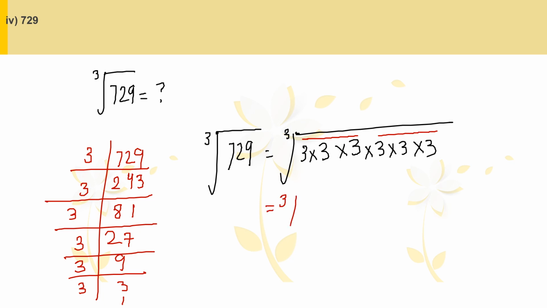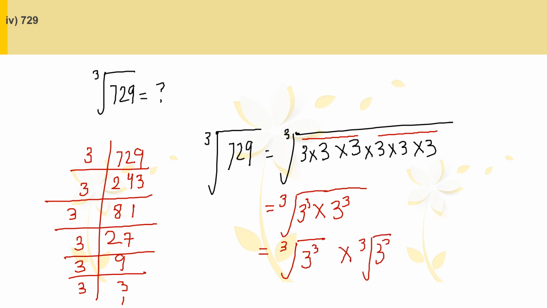I can write it as cube root of 3 cube multiplied by 3 cube, and then I will separately apply cube root on each. Cube root of 3 cube multiplied by cube root of 3 cube, and cube root cancels with the cube, cube root cancels with the cube, and you get 3 multiplied by 3 is equal to 9. That means the cube root of 729 is 9, or 9 multiplied by 9 multiplied by 9 is equal to 729.